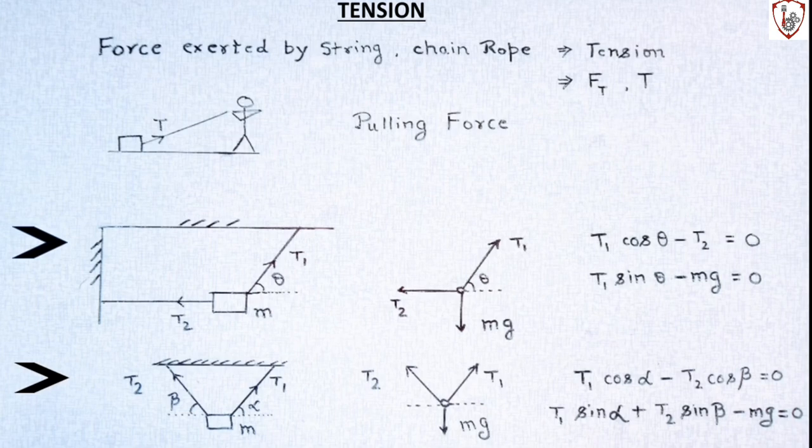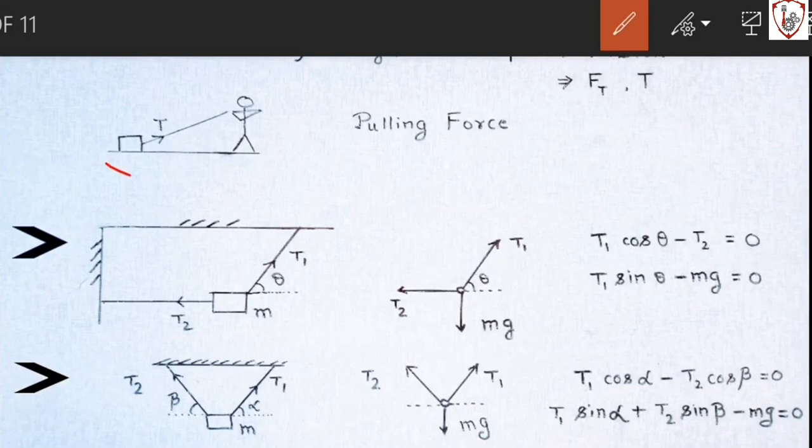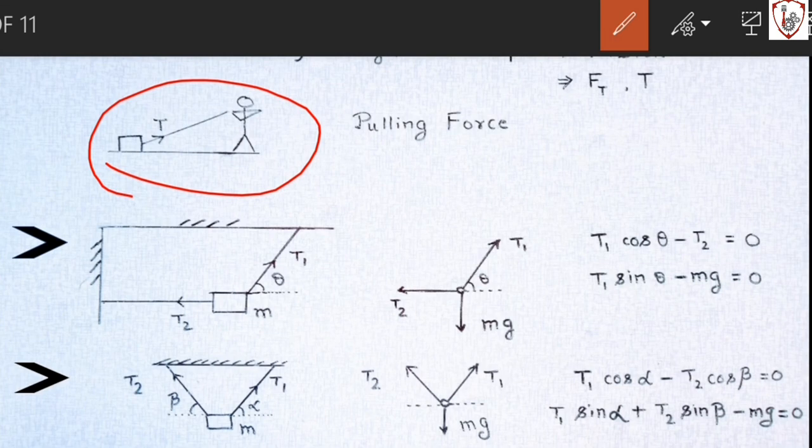Now you can see here, this man is pulling the box with a tension T. So this is a pulling force. This chain, rope, string, these are all pulling forces. They do not have sufficient stiffness inside to push a body. So this is our assumption.